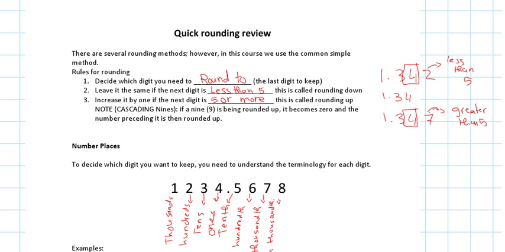The reason is that it's closer to 1.35 than it is to 1.34. It's like when you go shopping and it's $22.97. It's actually $23, if you think about it that way. You're rounding up.